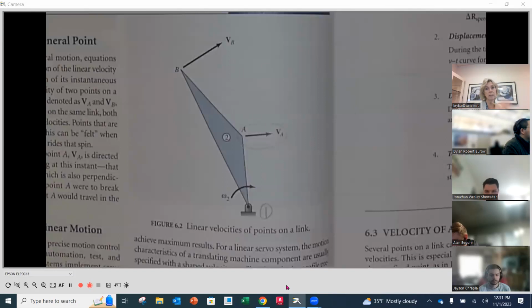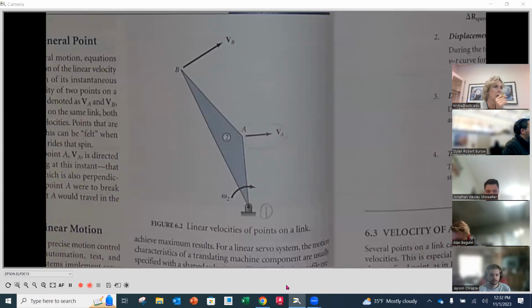When we look at that velocity, it's not going in a circle, it's not going in a rotation. It's actually capital V, which is rectilinear or linear velocity, meaning it's going in a straight line. But the link which points A and B are on is going in a circle.